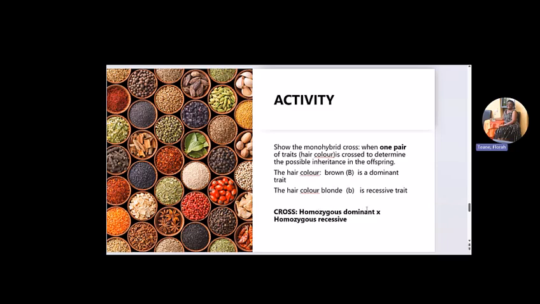It means the pair of genes or alleles that you're going to use in the table must be the same for a dominant trait and must be the same for a recessive trait. It's a brown color that is dominant and a blondie color of the hair that is recessive.